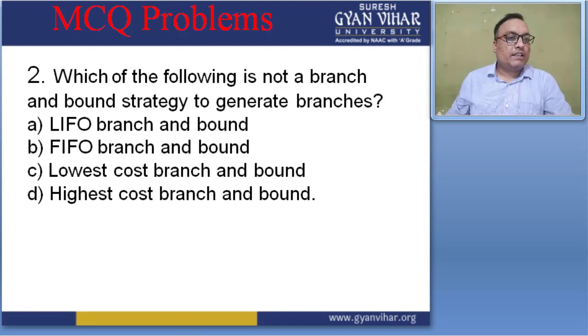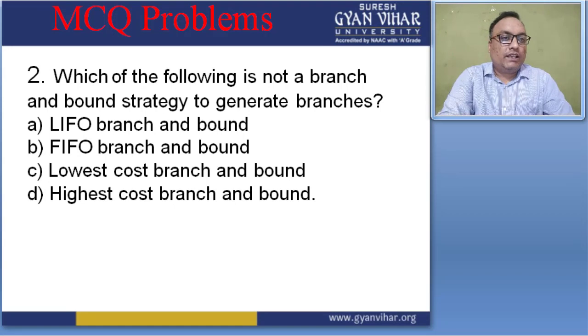For this next question, which of the following is not a branch and bound strategy to generate branches? The options are LIFO branch and bound, FIFO branch and bound, lowest cost branch and bound, and highest cost branch and bound. What is the correct answer of this question?